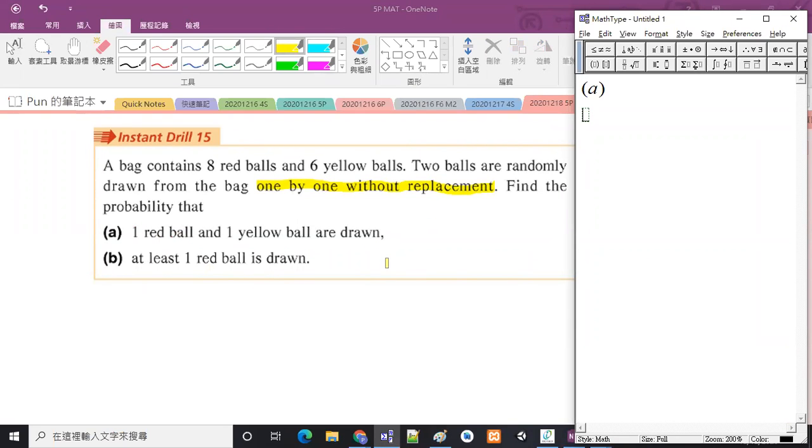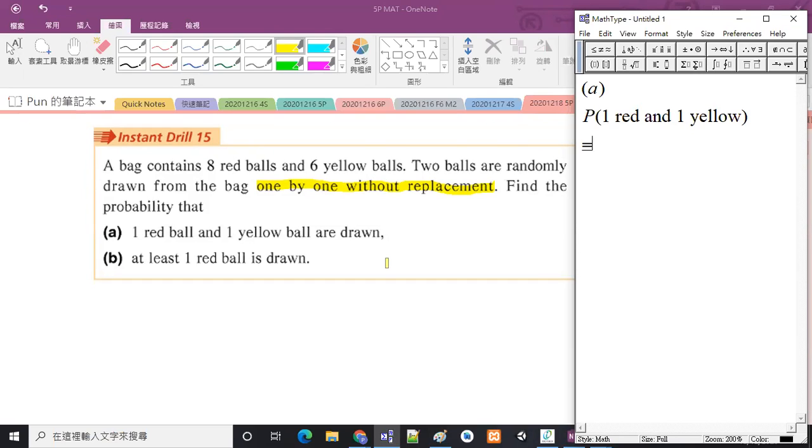Okay, so part A, I want to find the probability that 1 red and 1 yellow. Okay, because it is 1 by 1 without replacement, so we need to differentiate between the first one and the second one. I mean we need to distinguish between the first ball and the second ball. Okay, but in part A, it just says that I need 1 red and 1 yellow.